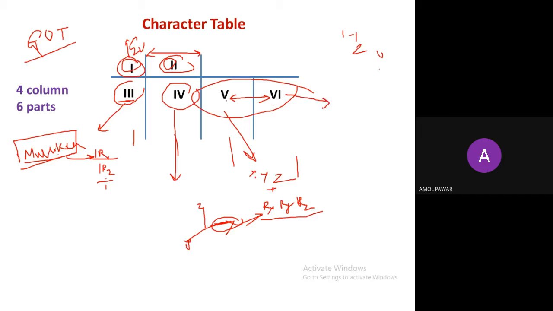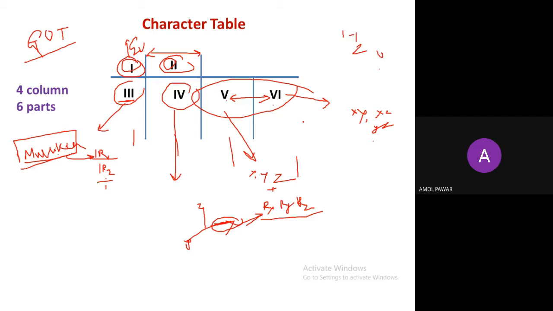Then the sixth part is quadratic functions of x, y, z, or we can write binary functions. Binary functions are xy, xz, yz, then z square, x square, and y square. Sometimes this part 6 is called polynomial functions because it has xy, xz, yz, x square, y square, and z square.